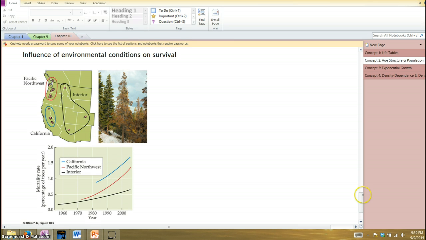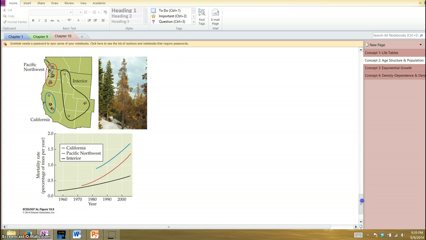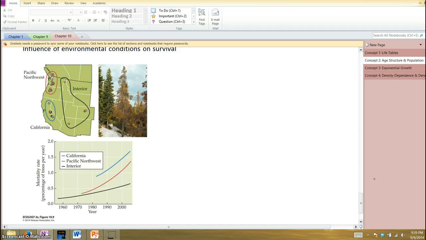So here are these evergreen species that live out west, and there's been an increase in mortality in these different locations, and you can see it's been much higher in the Pacific Northwest and around California compared to the more interior populations.